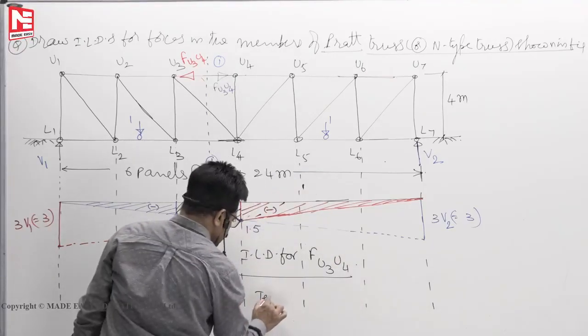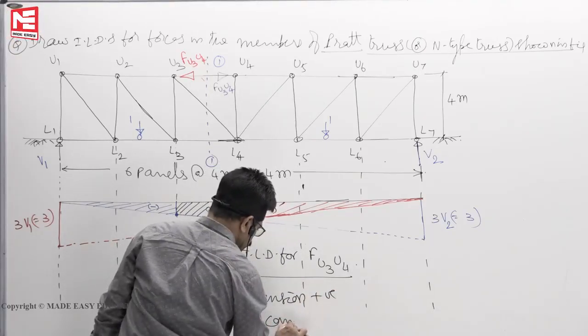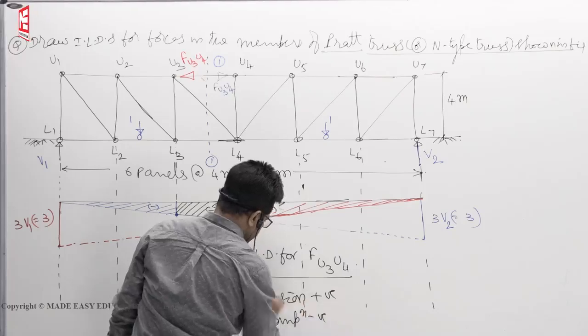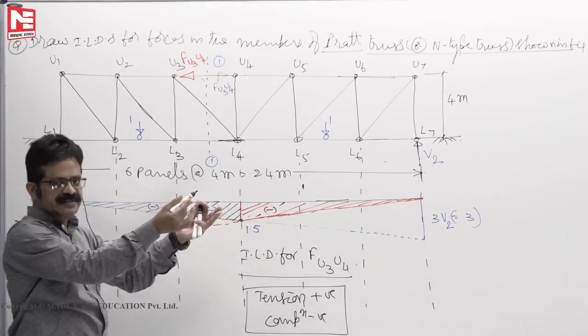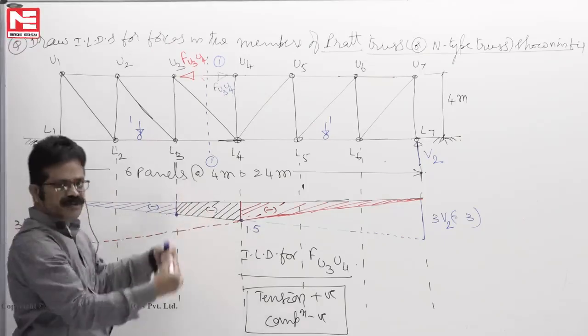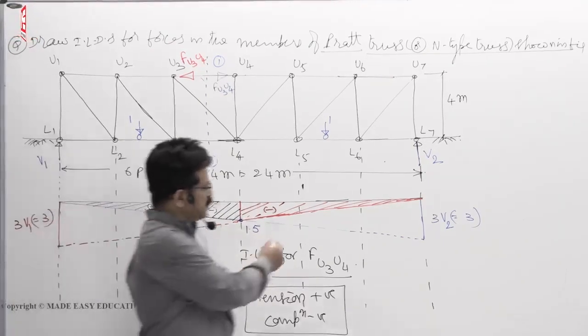In this is a sign convention. Tension positive, compression negative. Positive quantities above the reference line, tension. Compression means below the reference line because we take it as negative. So this is what we have done.